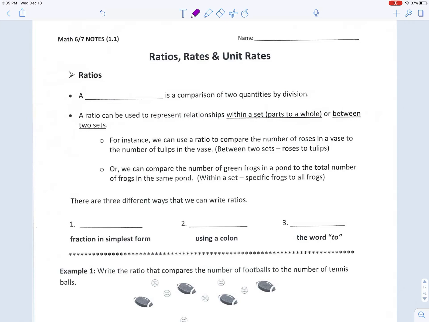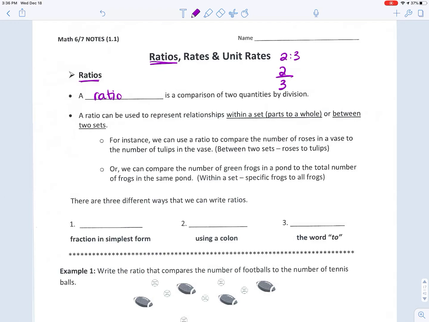Now you guys might be able to tell by the title of this page and also its subtitle, you might assume that we would write a ratio is a comparison of two quantities or two numbers by division. Now I don't want you guys to get freaked out by this word division, because the way we write ratios, for example, you can write 2 to 3 like this. You can also write it like this as a fraction.